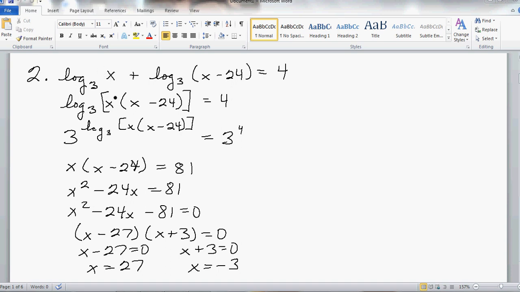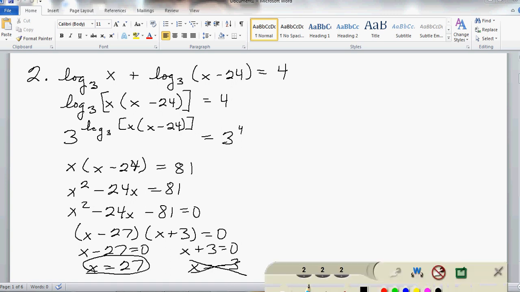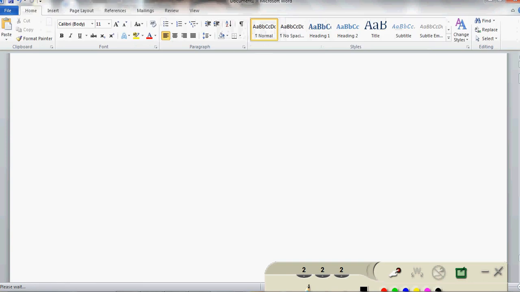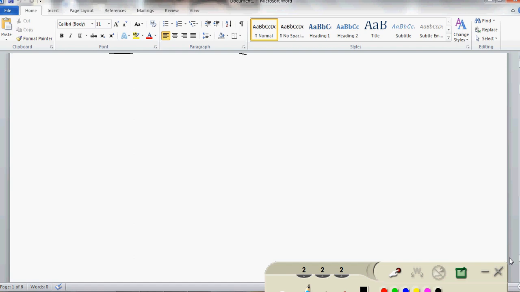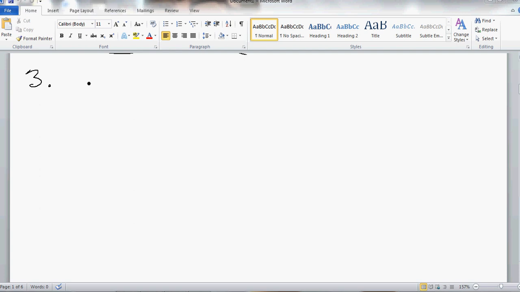So we have to eliminate negative 3. But let's see if 27 works. Can we take the log of 27 there? Yes, and we can plug in 27 there as well, and we still get a positive. So the answer is x equals 27. You need to make sure that after you find the values, they are still within the domain. Otherwise, it's not quite a good picture.